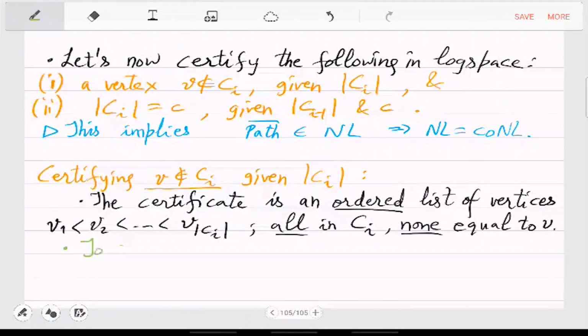So to do this, guess Vj, guess Vj plus 1, with Vj less than Vj plus 1, and check that both of them are in Ci.